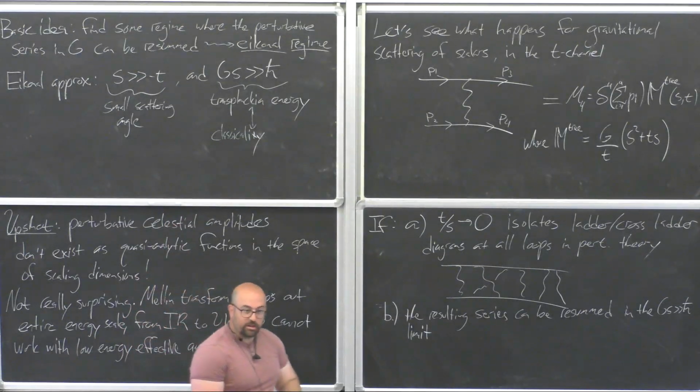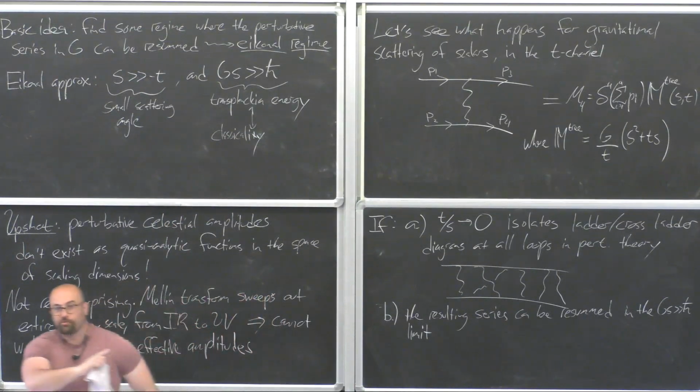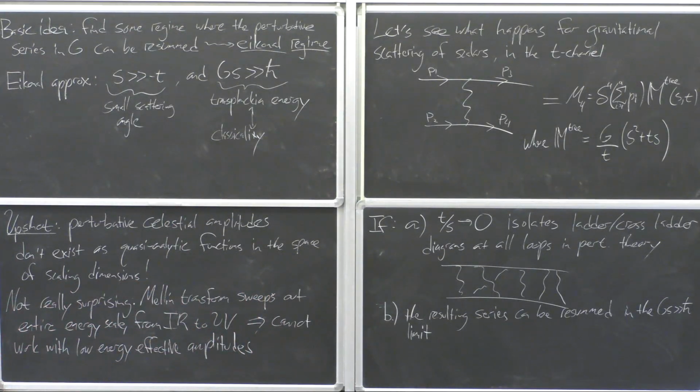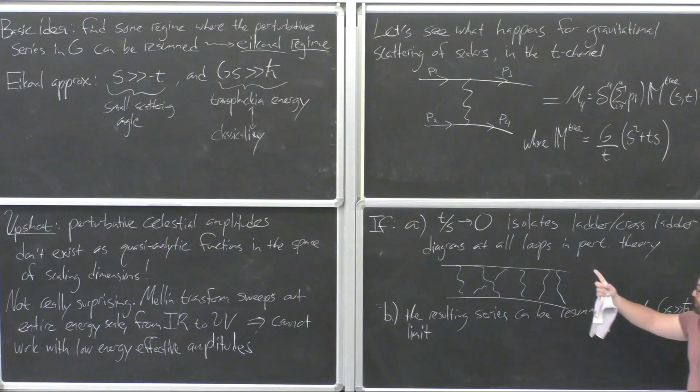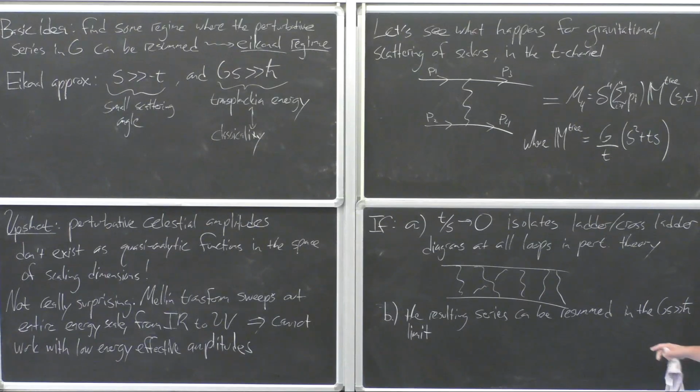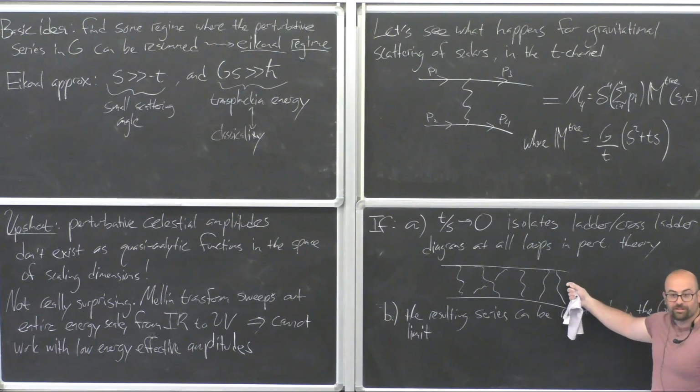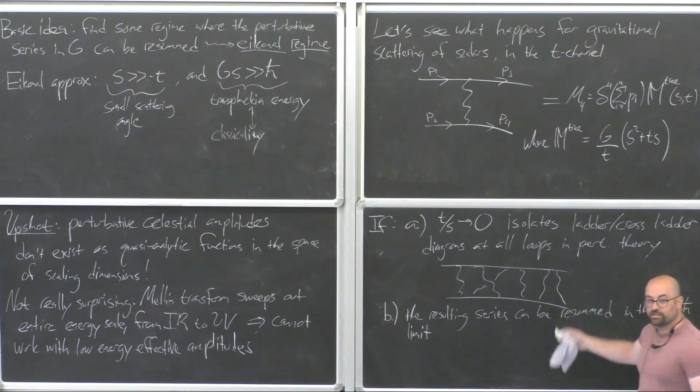then something interesting happens. And let me just first of all say that not every theory has these properties when you look at the eikonal approximation. If you consider cubic scalar theory, it's not the case that in the small angle scattering limit, these diagrams dominate to all orders in perturbation theory. Something weird happens at 3 loops, and other diagrams sneak in that are over-dominant in t over s that beat these.